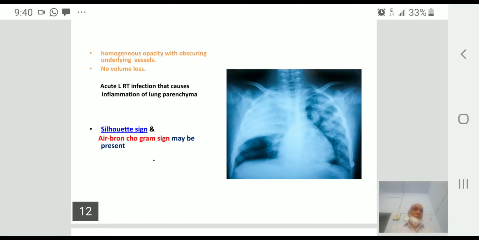When the dark area, with infection, converts to a white area and merges with the adjacent white area, we can't differentiate white from white, so they are totally merged. This is called the silhouette sign.